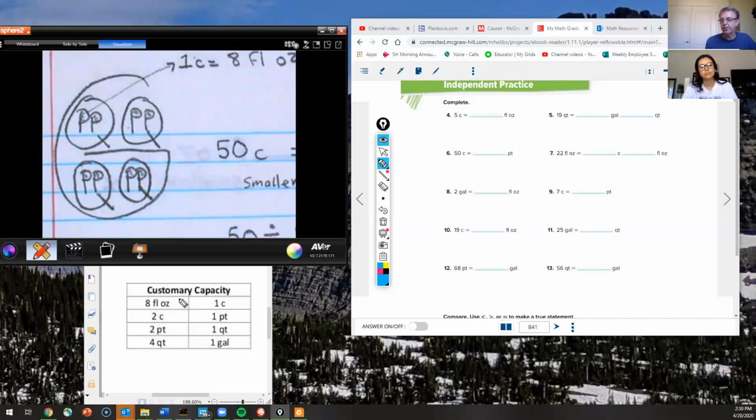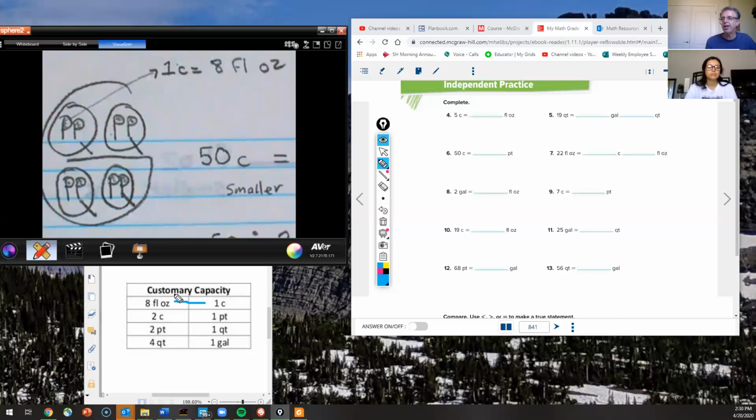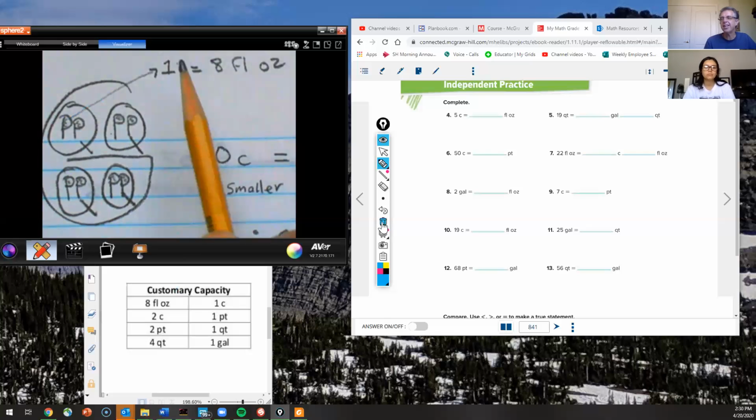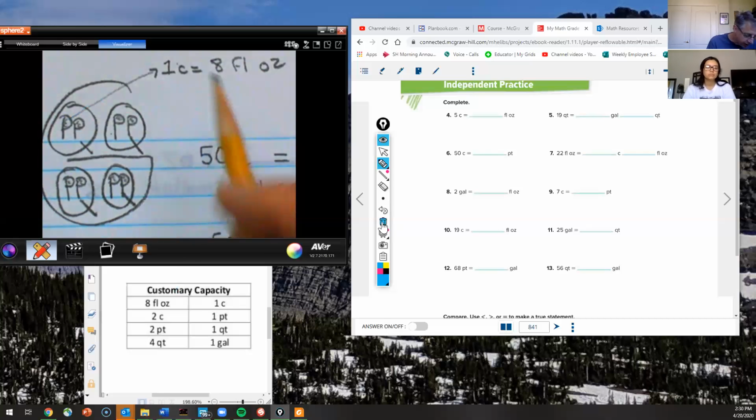I know that because it says here on the customary conversion chart. Then I can take that knowledge and draw it right up here. Now that I know that 8 fluid ounces are in 1 cup, I can count the number of cups in a gallon.